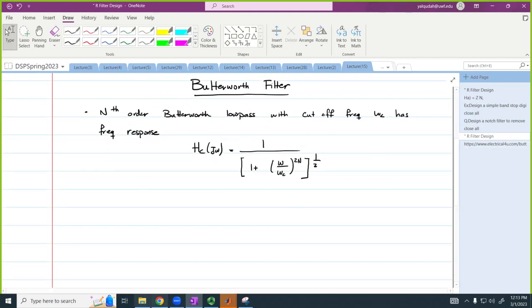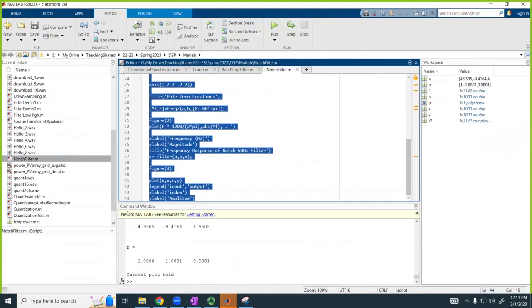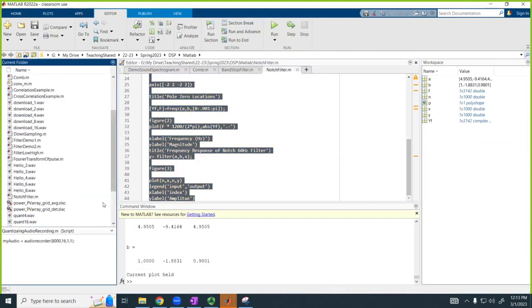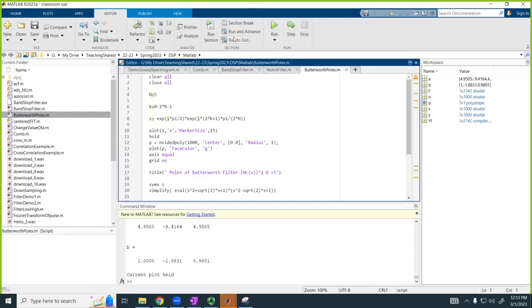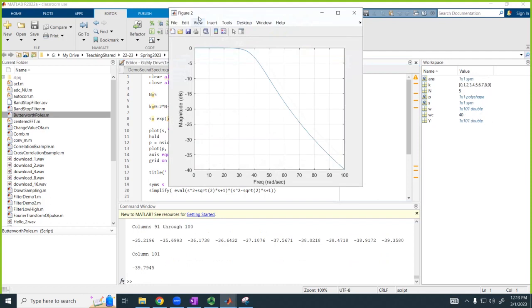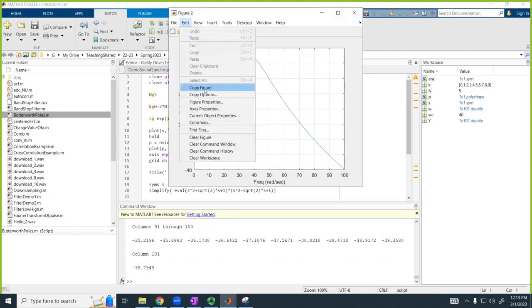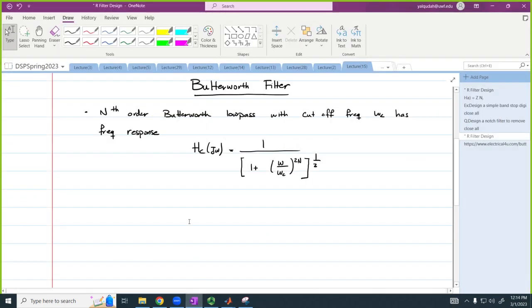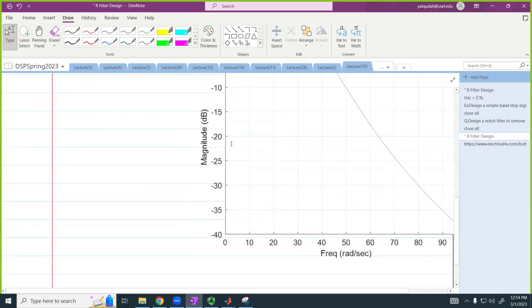And if I want to plot the frequency response, it will look something like this.